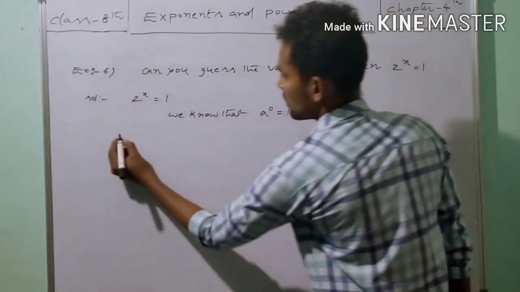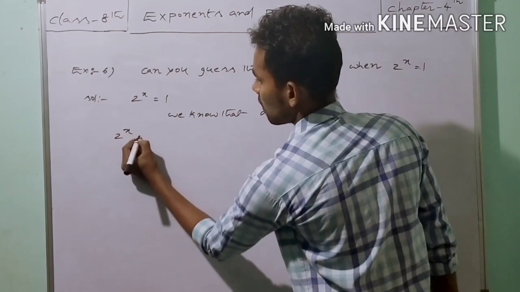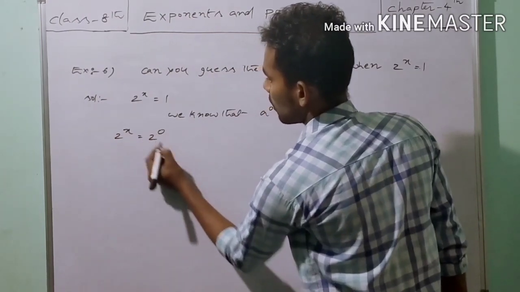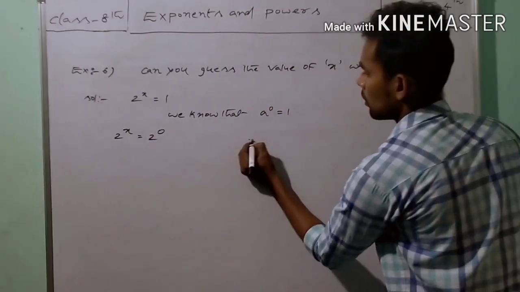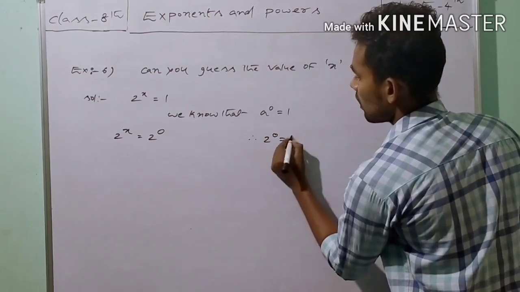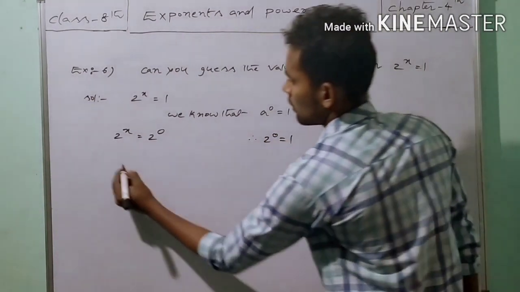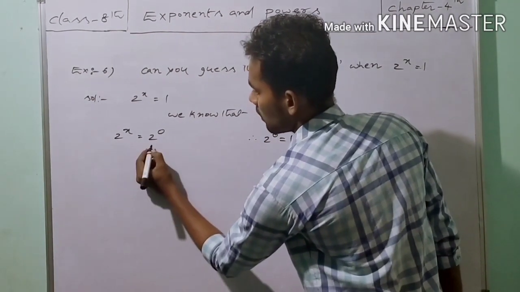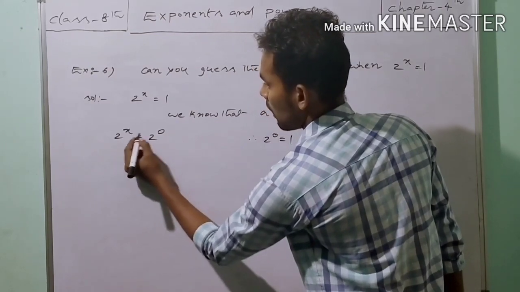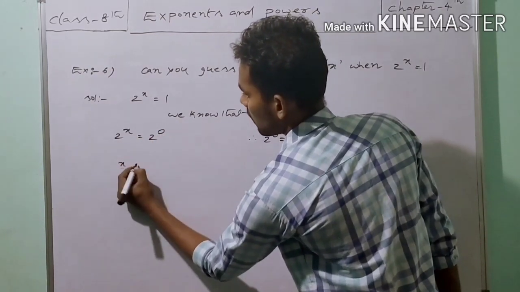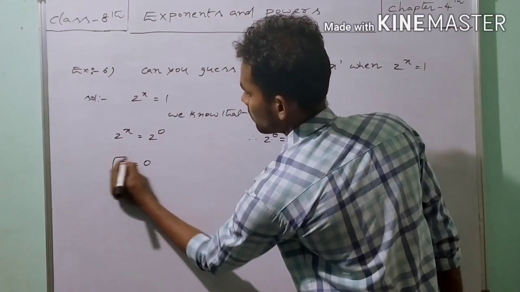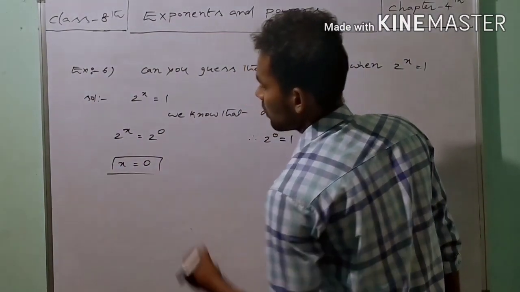Obviously, 2 power of x equals 2 power of 0, since 2 power of 0 equals 1. Bases are equal, so exponents are equal. x equals 0. The value of x equals 0.